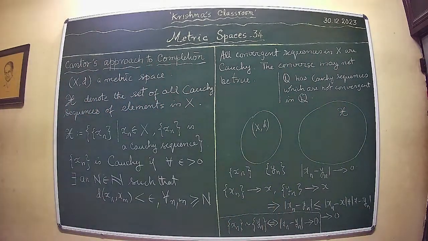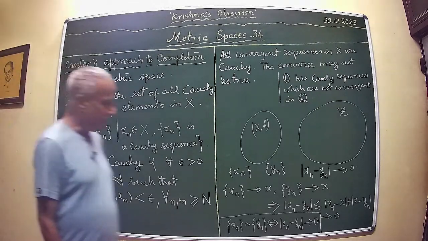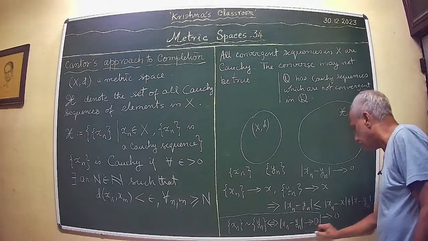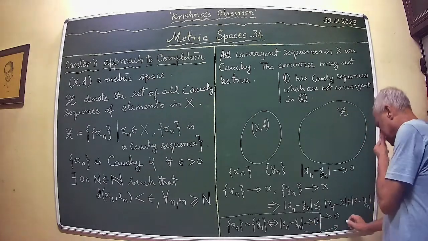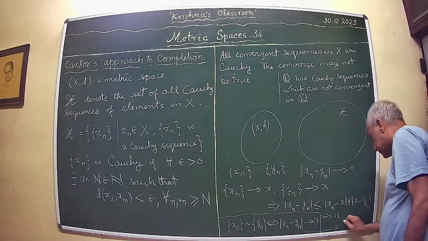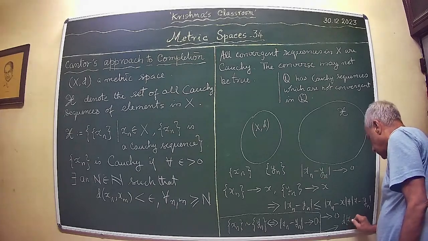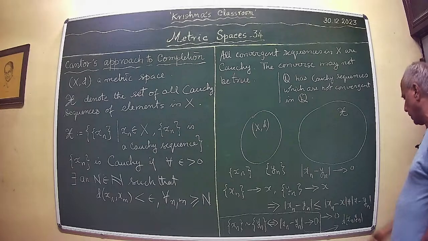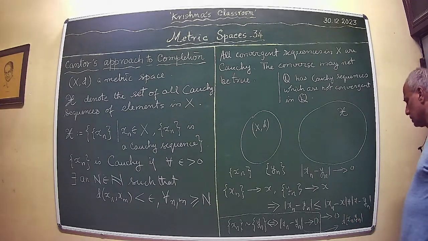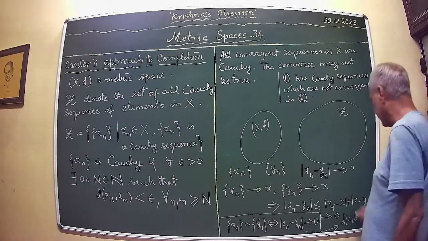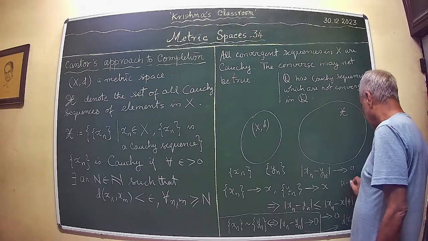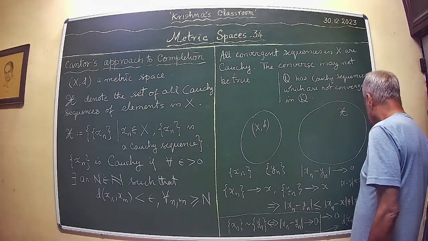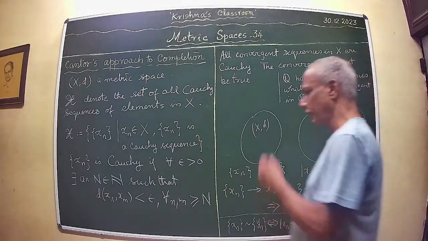What is the analog of that? You see that mod xn minus yn is going to be replaced in the general scenario by the distance d(xn, yn). So wherever a modulus of something occurs, we replace it by the distance. So mod x minus y is replaced by d(x, y).